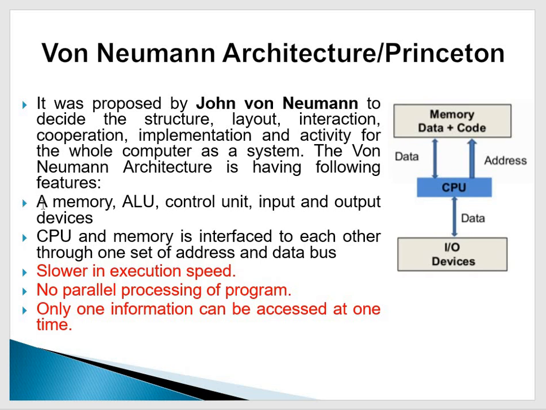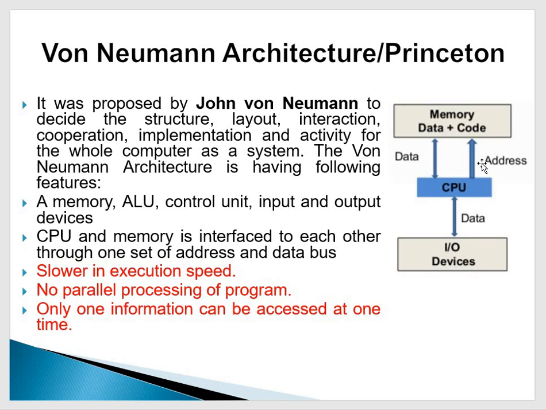So the memory and the CPU, which includes the ALU, control unit, and input and output devices, are interfaced to each other through one set of address and data buses only.